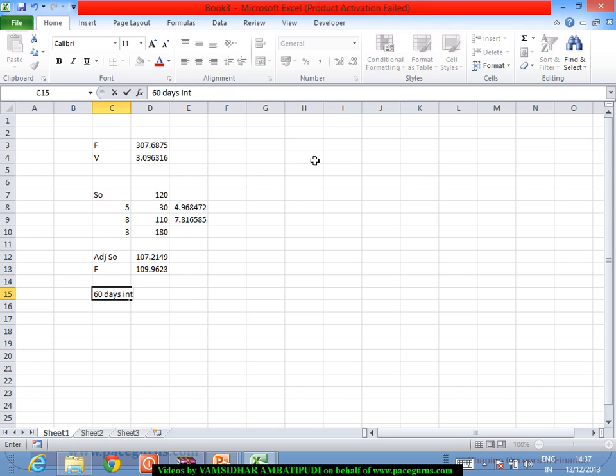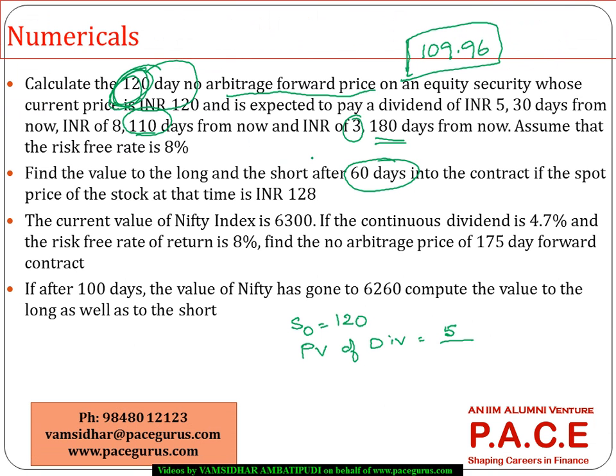So 60 days into the contract, and the spot price on that day is 128. So 128, first of all, I have to adjust with the present value of the dividends, whatever are expected to come within the next 60 days.